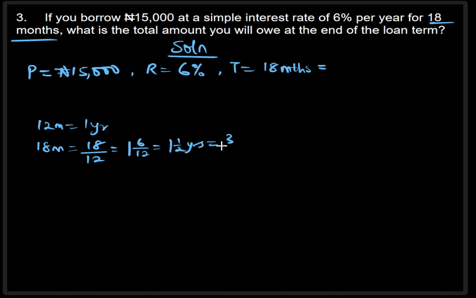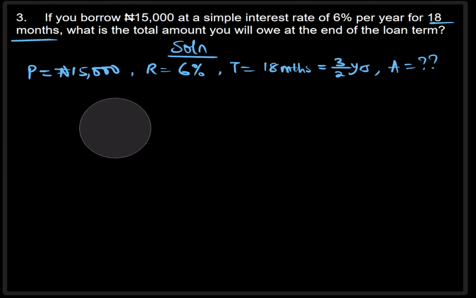So that will give us 3 all over 2 years, and then we have to find the total amount he will owe. So that means amount becomes our question mark.